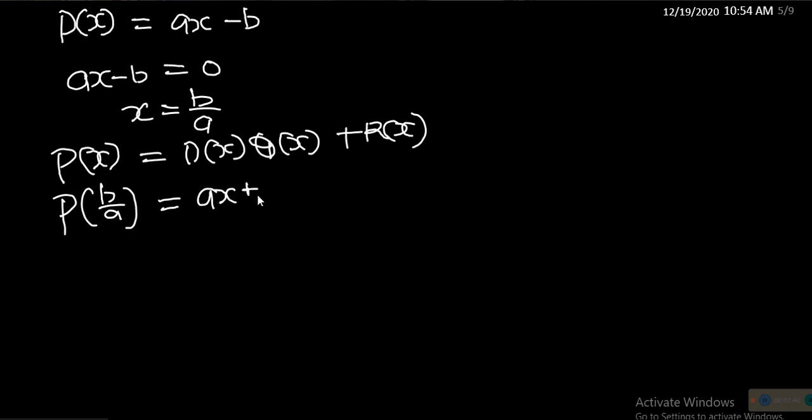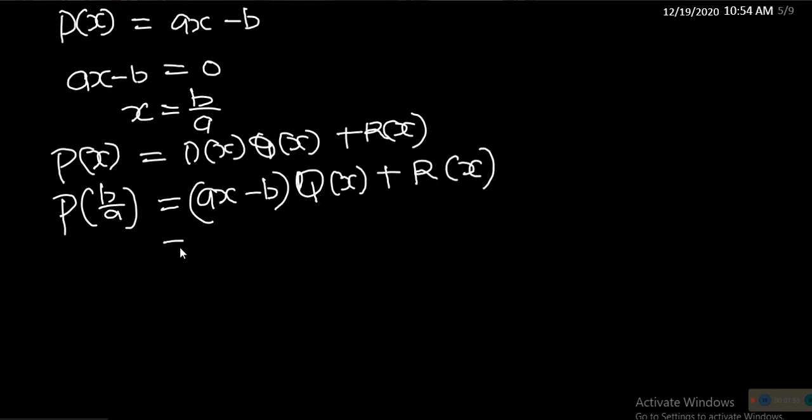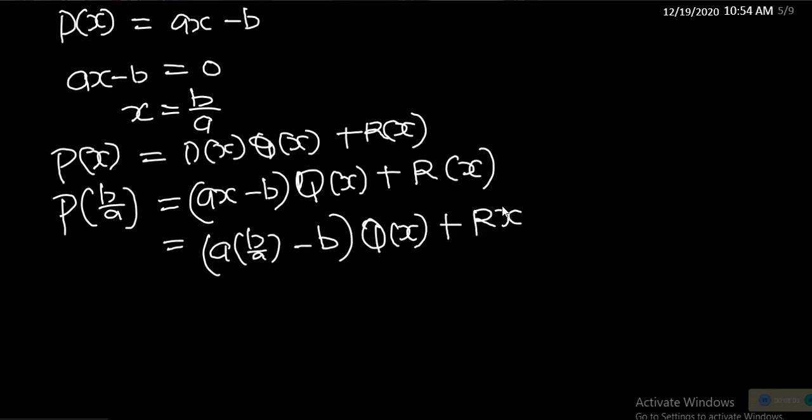ax minus b, because d of x is ax minus b into q of x plus r of x. Then substitute x, which is b over a, and you have a into b over a minus b into q of x plus r of x.